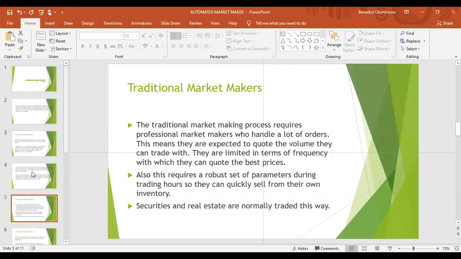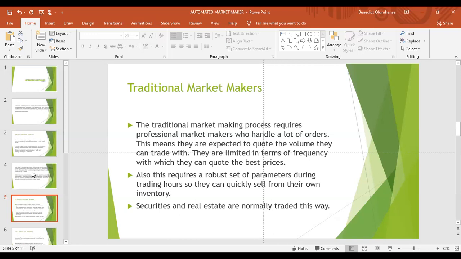So like I said, traditional market makers in the past were people who handle a lot of orders, and they were professionals in a particular system, right? So their trade is always based on the amount of volume of a security they had with them, whether it was retail shares, or retail securities or real estate, right?